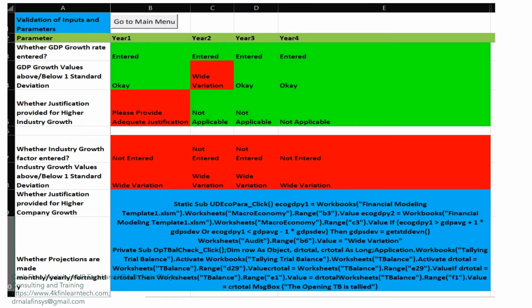This is a sample of controls we have built in a typical scenario.